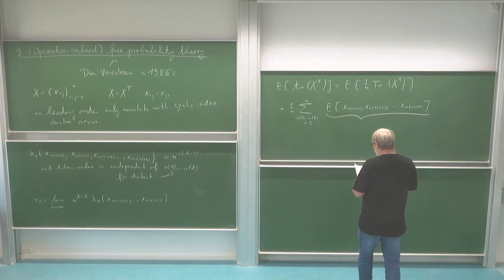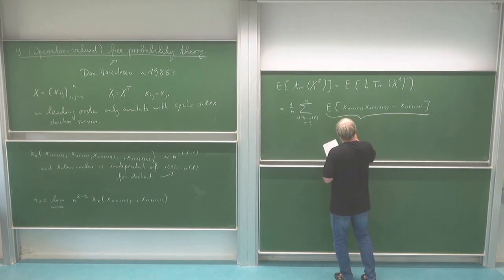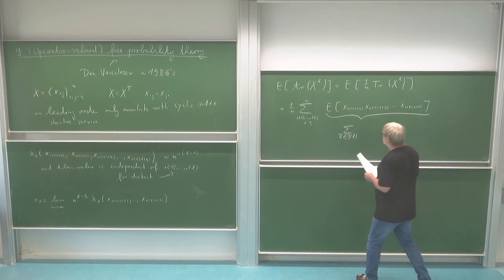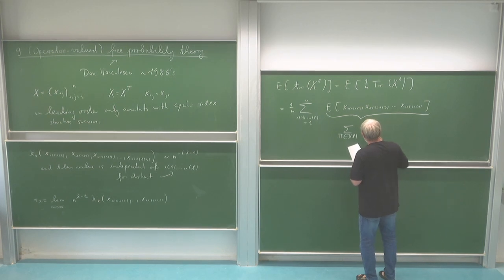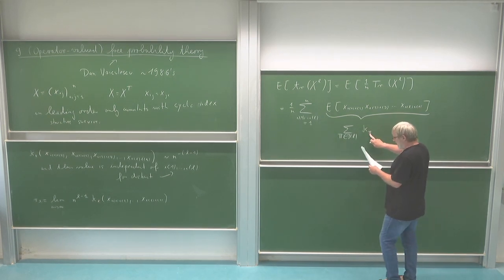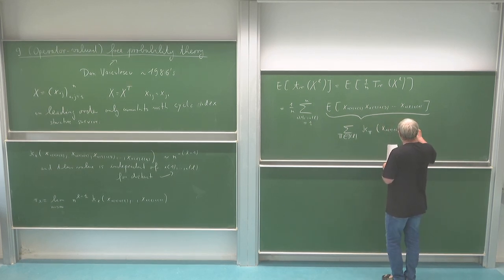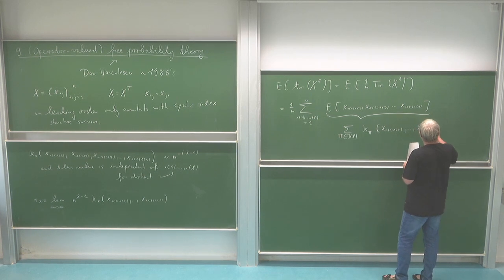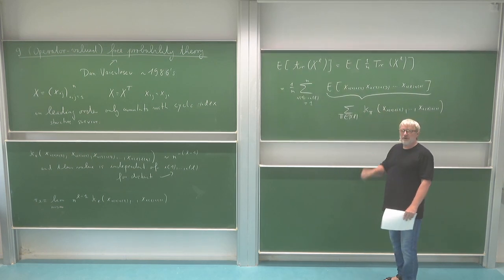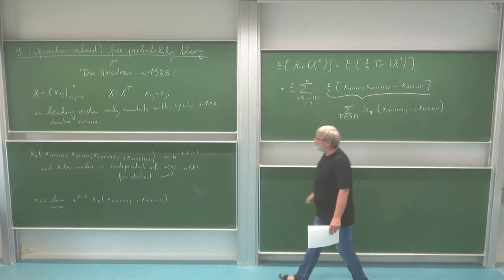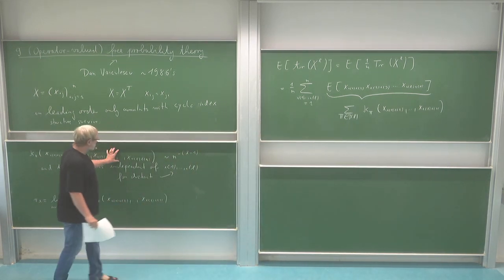We have the moment-cumulant formula, which tells us that such an expectation is given by summing over all partitions of L points, and then I get a contribution for each of them, which is a classical cumulant indexed by this pi of the x's which I have here, x_{i1,i2}, and so on up to x_{iL,i1}. Okay, and if pi is the largest partition, which means all indices are taken together, then here I have exactly a cumulant like this.